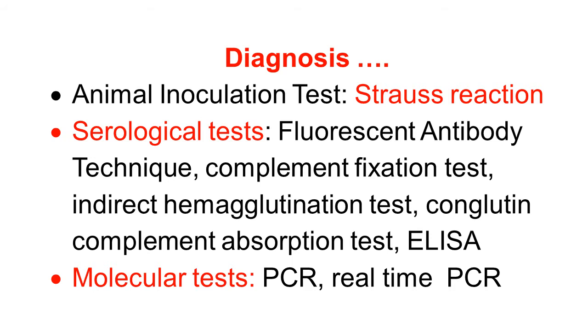These are the important confirmatory diagnostic tests. Recently, molecular tests are also applied for the diagnosis, and PCR and real-time PCR are the two important tests for the confirmatory diagnosis of glanders.